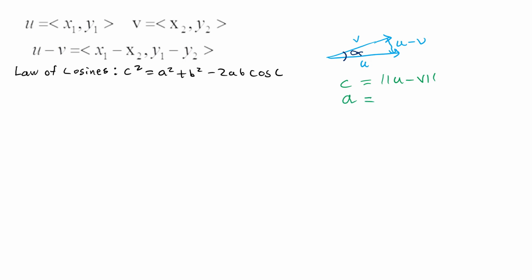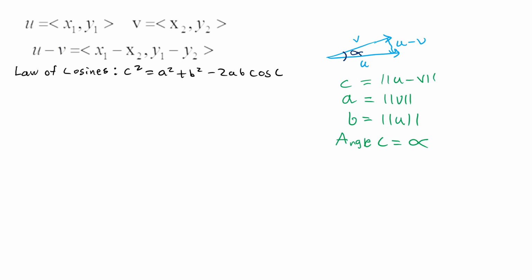A equals the magnitude of v. B equals the magnitude of u. You could also switch it around if you wanted. And we can say that angle C equals alpha, because that's how it's usually denoted, as alpha, not C. So anyway, using this, let's put it into our law of cosines.